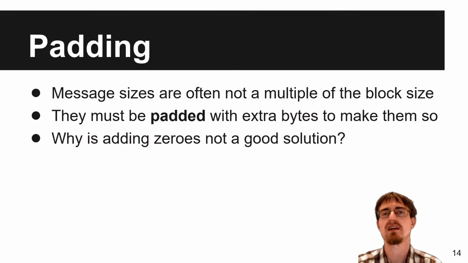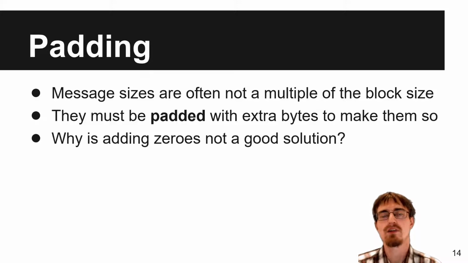One other complication of block ciphers is the fact that the input must be a multiple of the block size. If it's not, then the last block will be incomplete and we cannot encrypt or decrypt it. To make this possible, we have to pad the block. So we have to add some data to make sure that it ends up being a complete block.